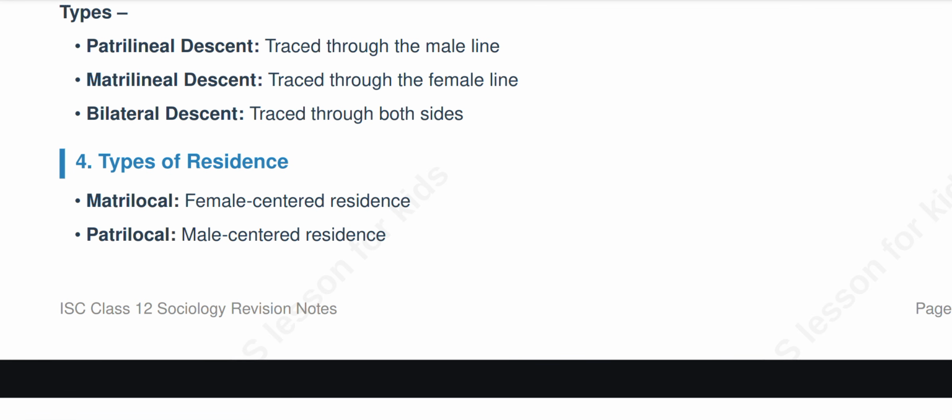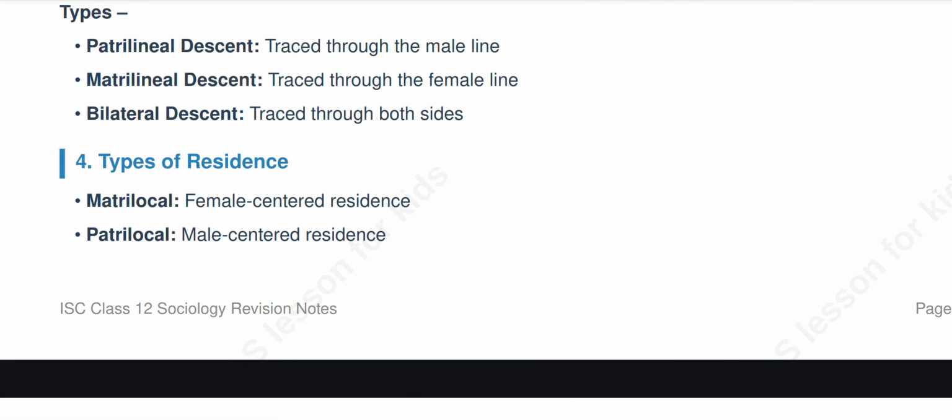So there are three types of residence. First is matrilocal, female centered residence. This means the spouse moves to the female's home to stay, or near the female's home.